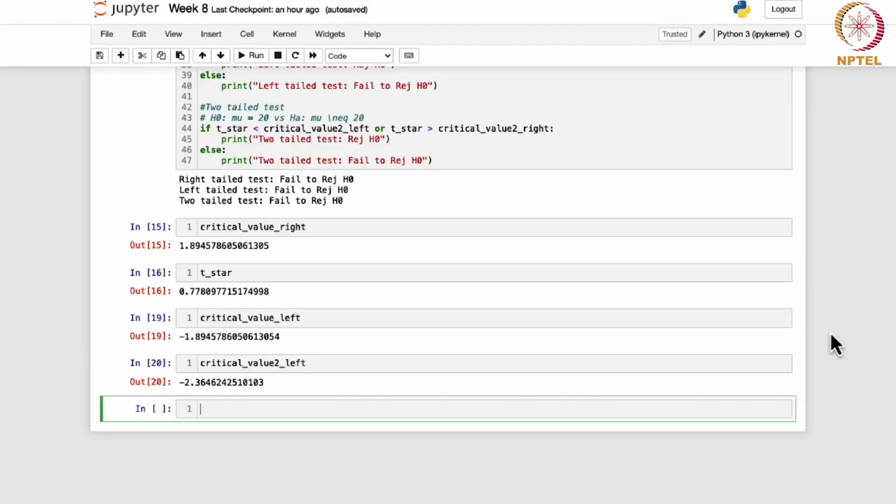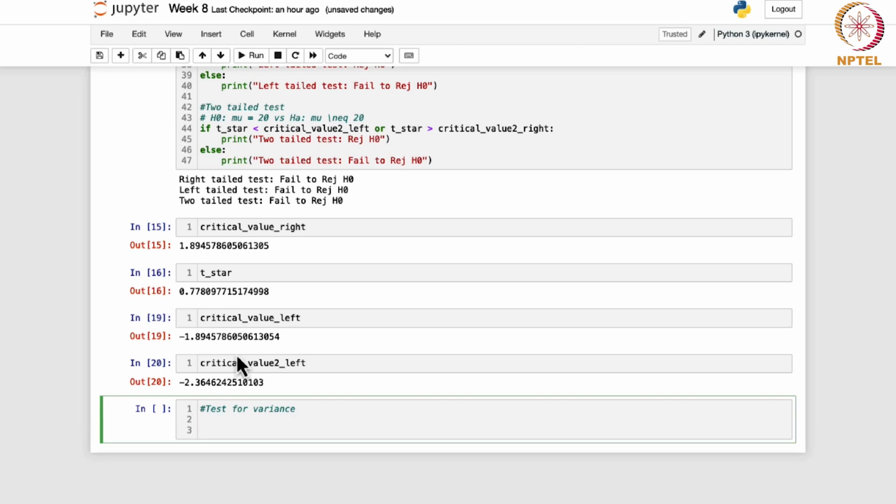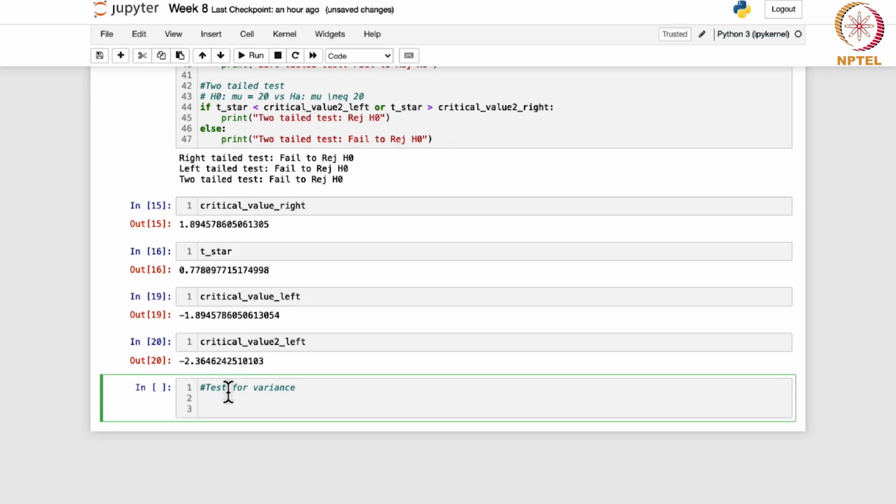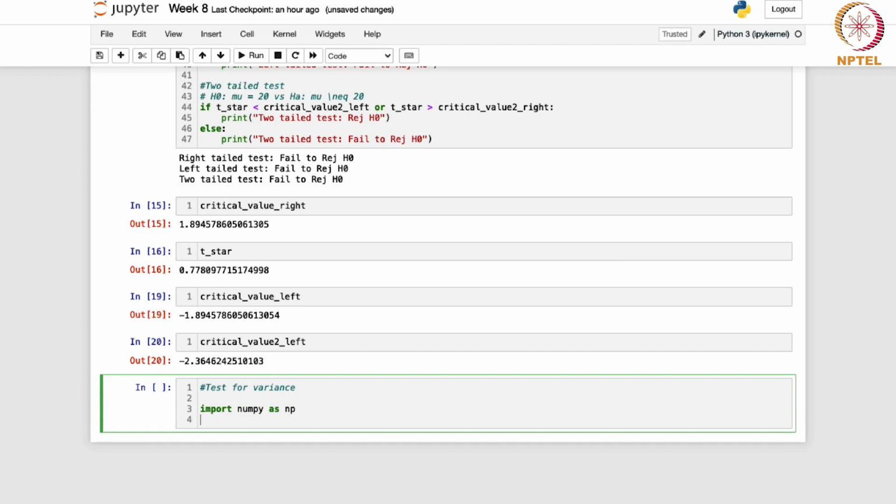So we have seen test for mean. Let us now move to the test for variance. Again, in this case also, we are first of all going to import numpy as np, and we will also import scipy.stats module.